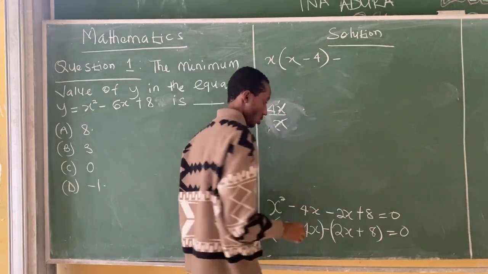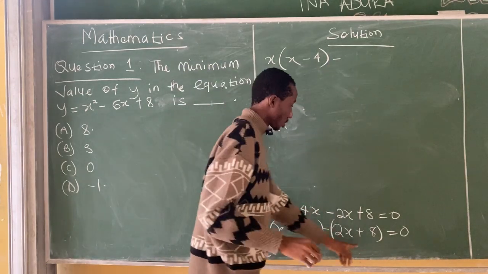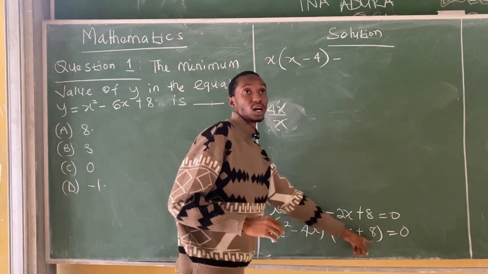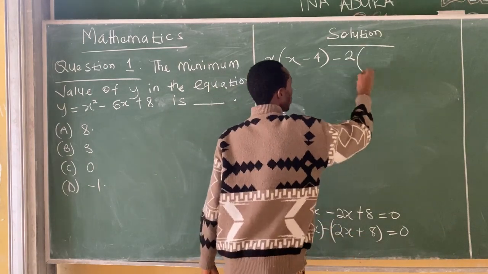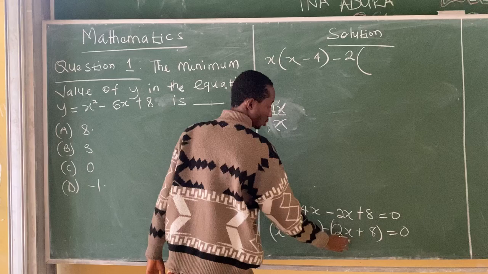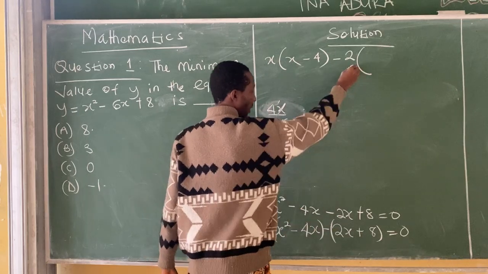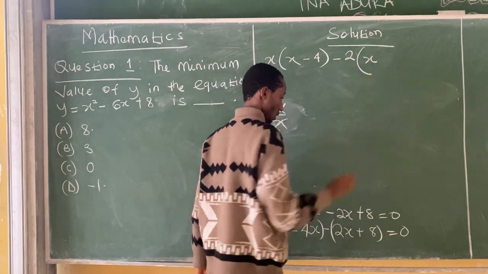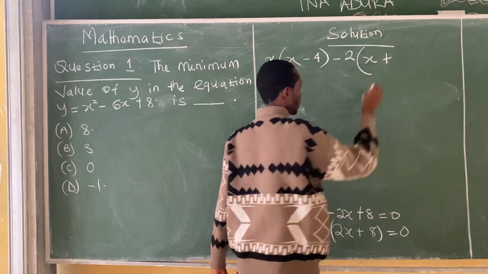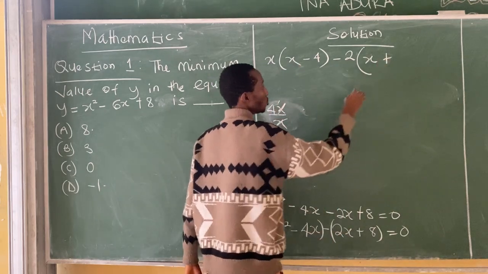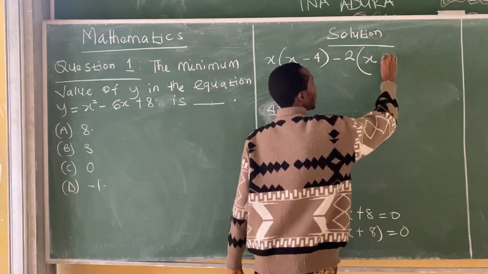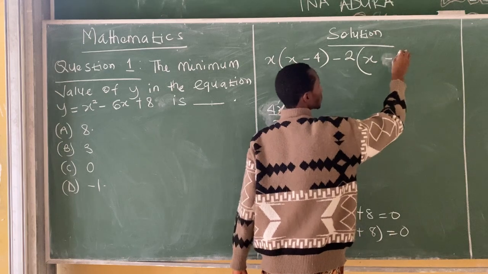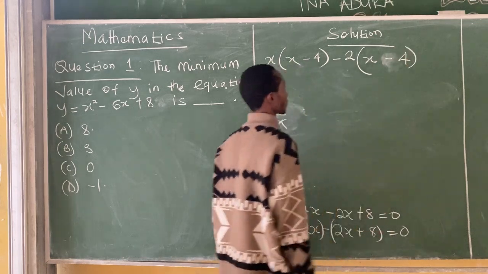Minus. There's something common here. When you factorize this, you have 2. You open a bracket. 2x divided by 2 gives us x, plus 8 divided by 2, this is minus 8 divided by 2, gives us 4.